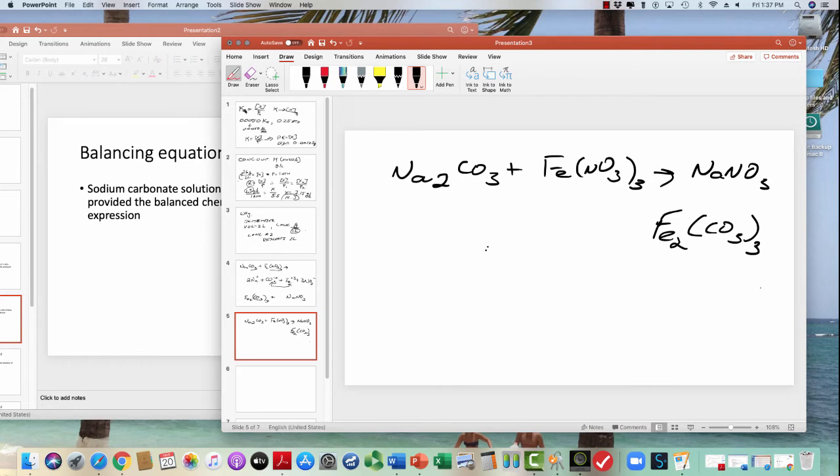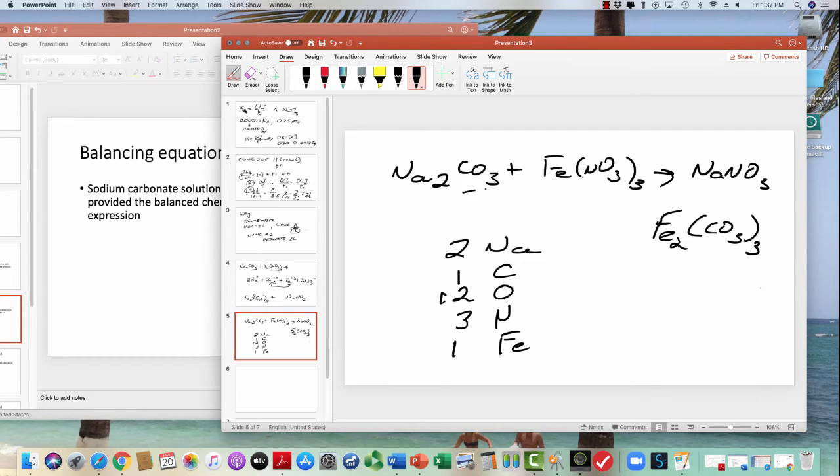Now here we go. Let's balance Na, C, and then we've got some more O's. We have nitrogen and we have iron, Fe. On the left-hand side, we've got 2 irons, 1 carbon. Let's go to 1 iron, and then we have 3 nitrogens, and then 3 times 3 is 9, plus another 3, that's 12 oxygens.